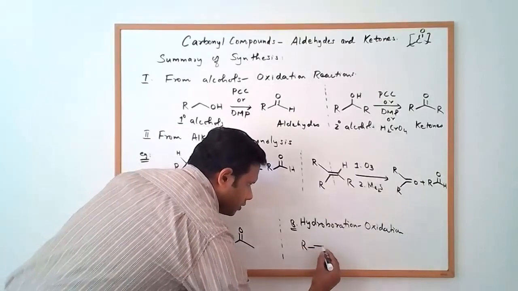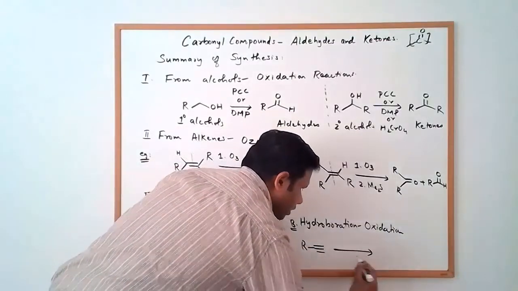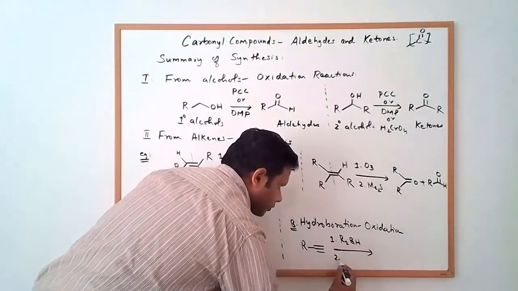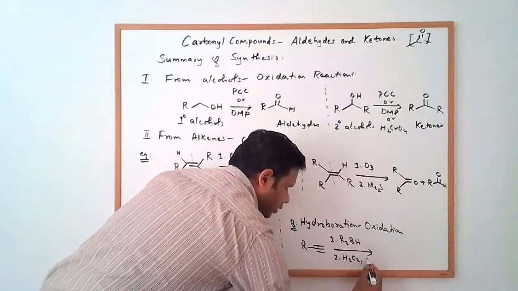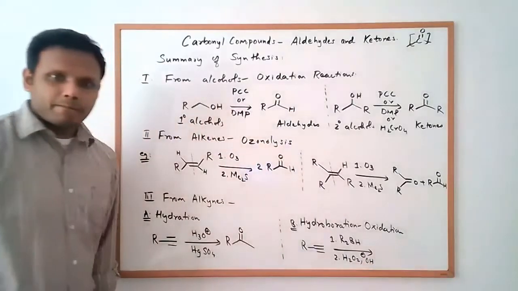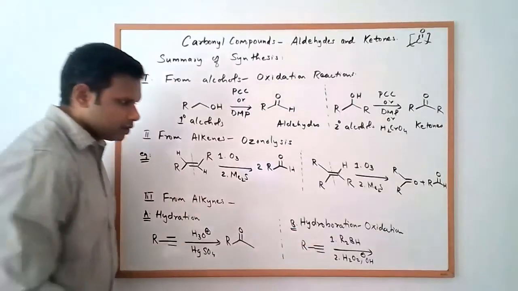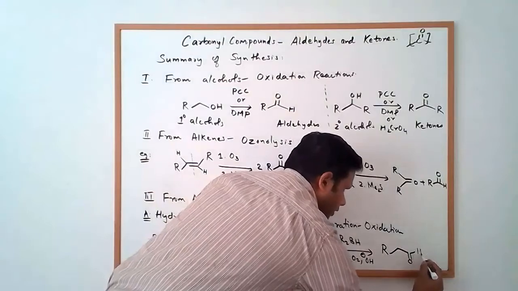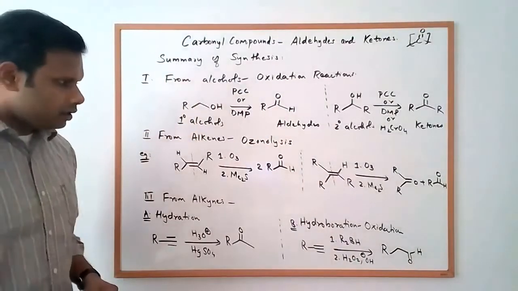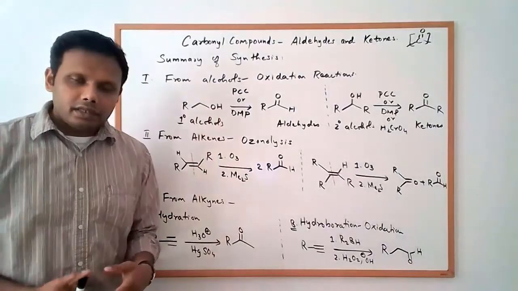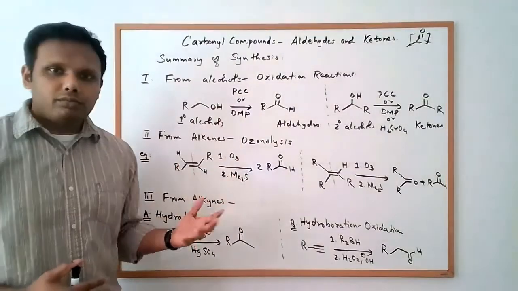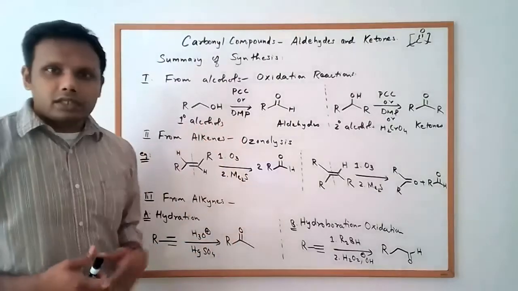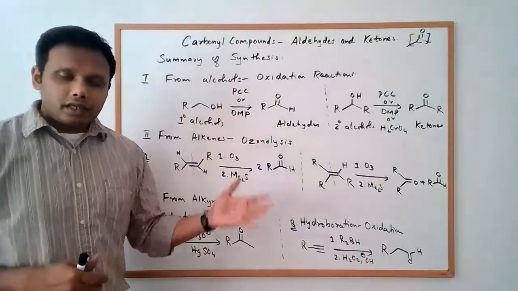So if we start with a terminal alkyne and we do a hydroboration oxidation, okay, that's a 2-step process, we will get an aldehyde as our final product, okay? So this basically is a summary of all the methods that we know thus far for synthesizing carbonyl compounds, aldehydes and ketones.